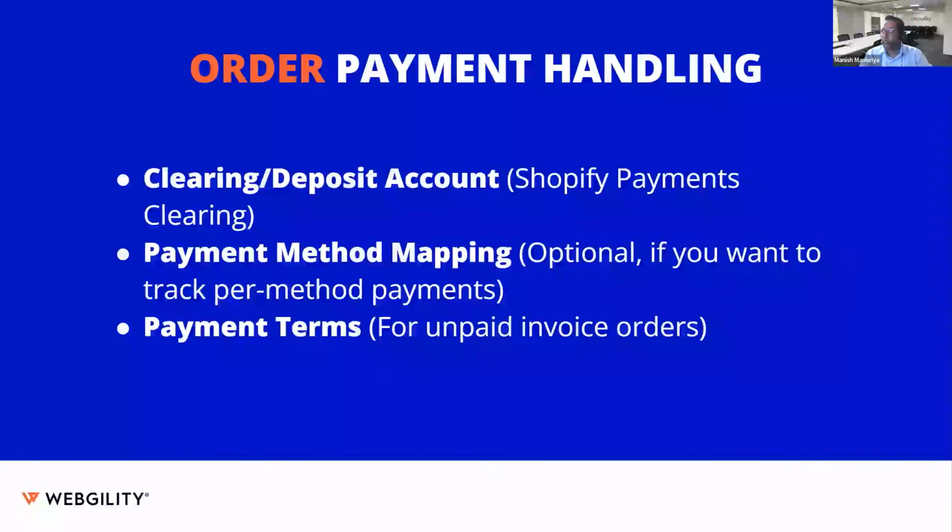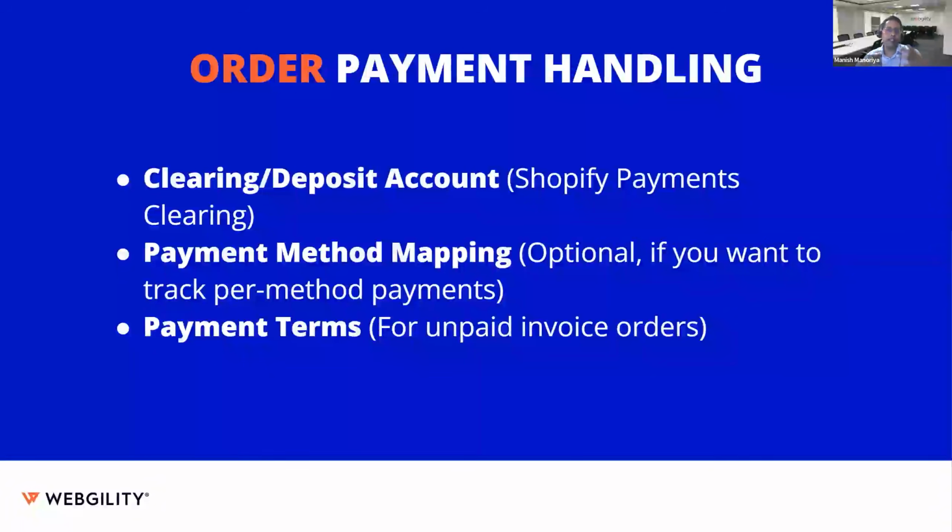So if you want things to be more classified, simplified, and granular, you can create dedicated clearing accounts in QuickBooks. A clearing account is, you can say, a dedicated undeposited funds account for a specific merchant account. For example, if you're dealing with Shopify, you can create one clearing account in QuickBooks for Shopify, and another clearing account could be created for another merchant account, Stripe or PayPal, so that when you have orders coming from a store, their payments are recorded under the dedicated clearing account for Shopify, PayPal, Stripe.